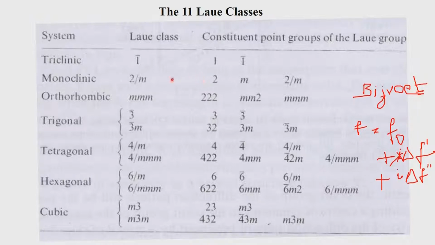Therefore, other equivalences will develop, and the symmetry contained inside the data set will also tell us which crystal system the data corresponds to. That is something we will see in a next slide in the coming class.